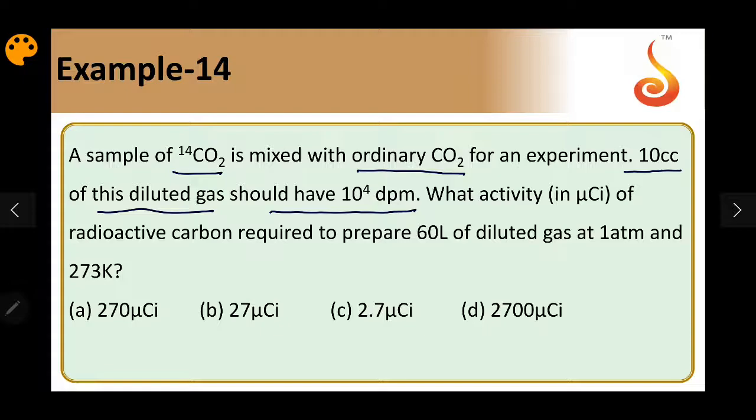So what activity in microcurie of carbon is required to prepare 60 liters of such diluted gas at 1 atmosphere and 273 Kelvin? Assuming that whatever cc is given is also at 273 and 1 atmosphere. Okay, so we'll go to the solution.